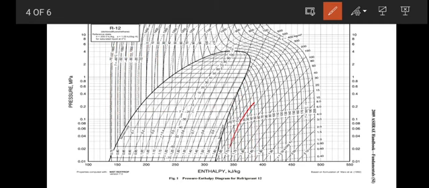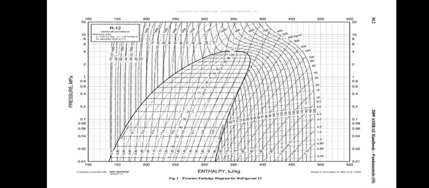Now these inclined lines indicate constant entropy lines. So this is about the ph chart of the refrigerant.